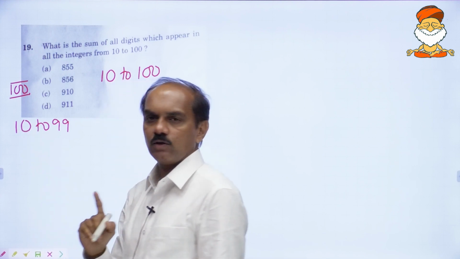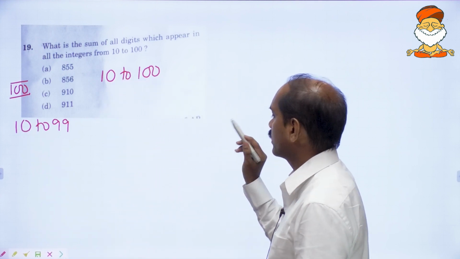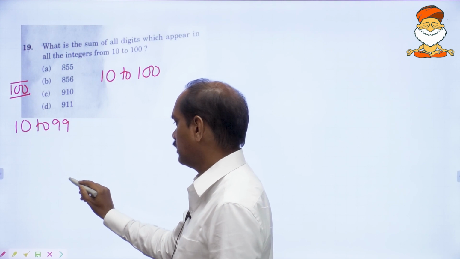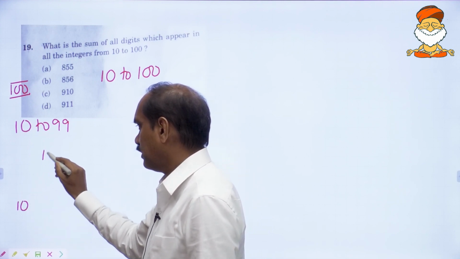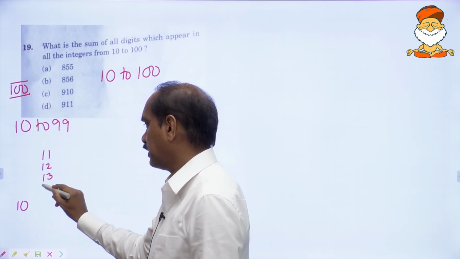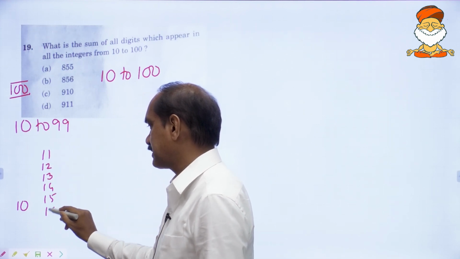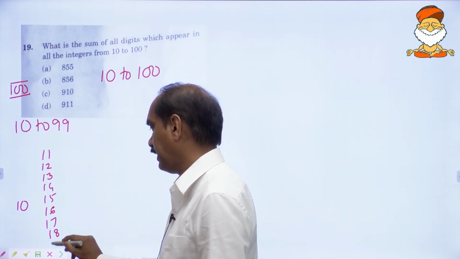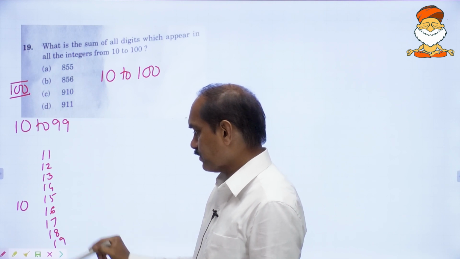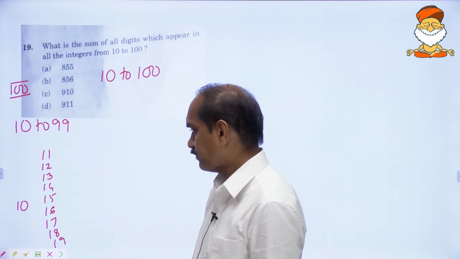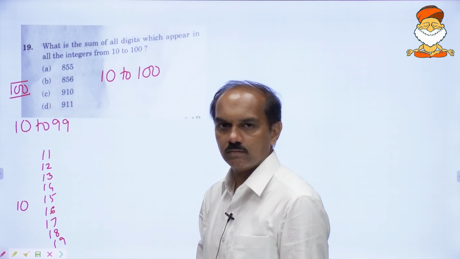Let us concentrate only on 1 first. Where all will it appear? First, it appears here: 10, 11, 12, 13, 14, 15, 16, 17, 18, 19. Here 10 times. Here 1 time, 11 times.